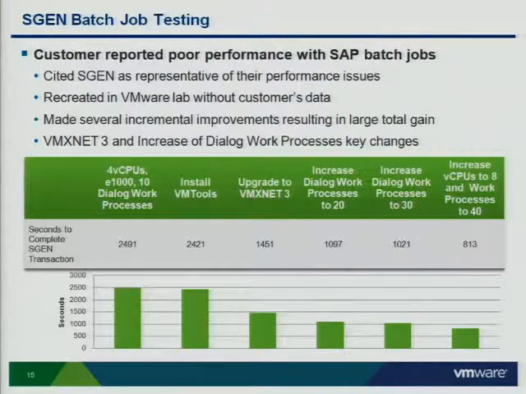So in this configuration, they were in a 3-tier environment. So the application server and the database server communicating to each other across the network. There's a lot of traffic. So the VMXNET3 driver really provides a lot better performance than the E1000 driver did, and that was a big driver of performance.